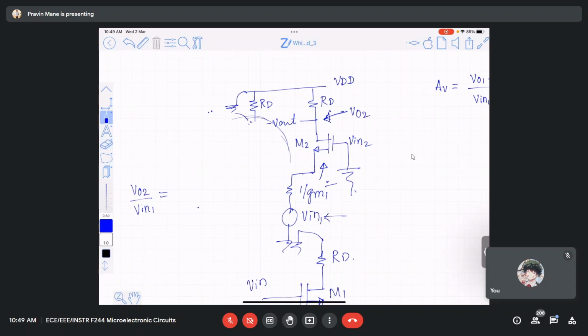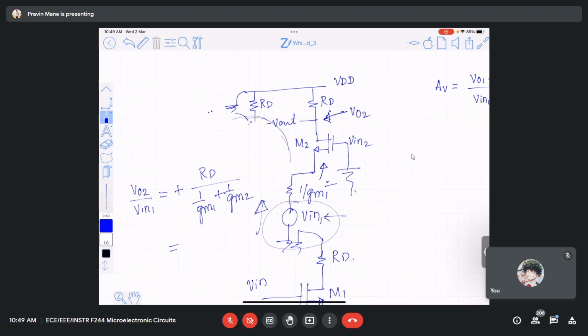Positive. Okay, what is the resistance connected at the output terminal? RD, divided by resistance seen through the source terminal, so 1 by GM1 plus 1 by GM2.